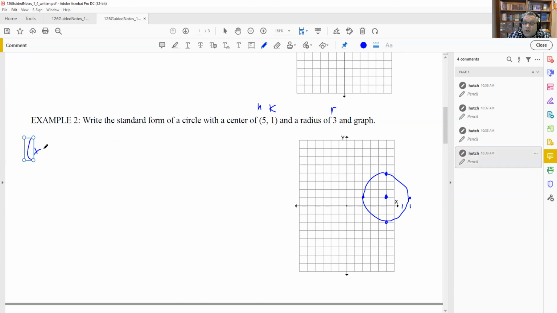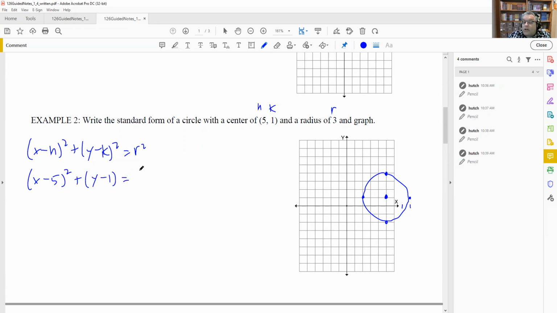So again, you're always using (x minus h) squared plus (y minus k) squared equals r squared. And then we're going to plug in what we already labeled: x minus h, which is 5, y minus k, the k is 1.